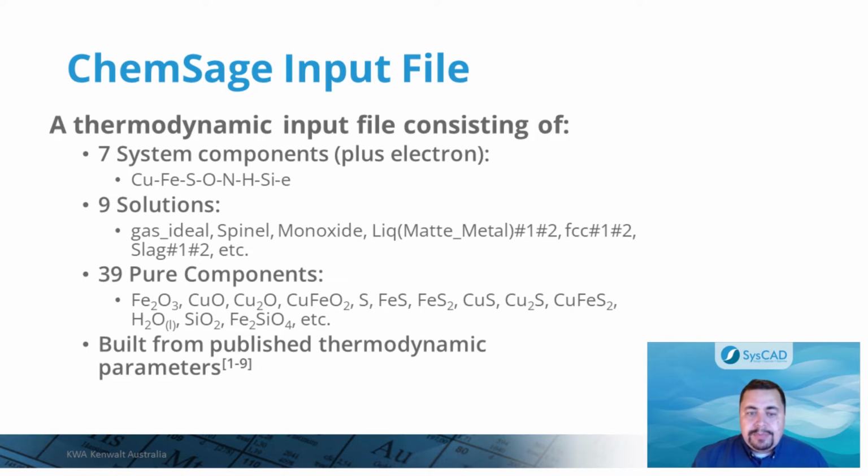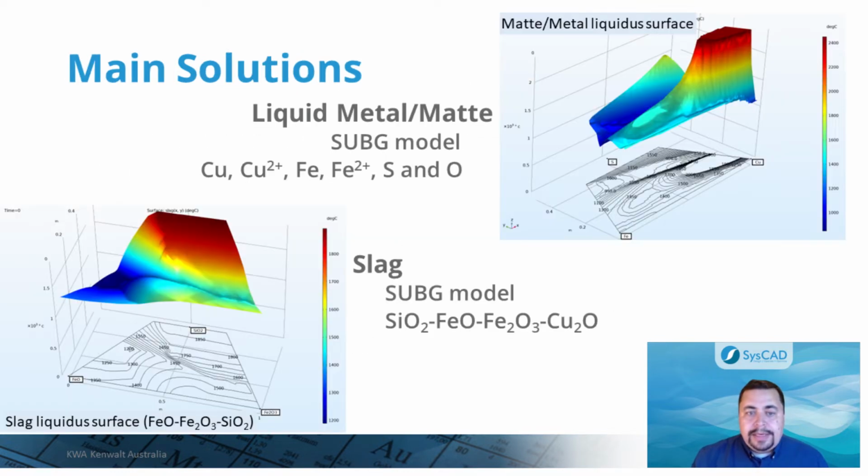The ChemSage input file includes 9 solutions and 39 pure compounds, and it was created as a plain text file using published data in publicly available technical literature. Here, a couple of example phase diagrams or liquidus temperature projections for the two main ternary systems involved are shown. On the top right-hand side image, the matte-metal system is displayed.